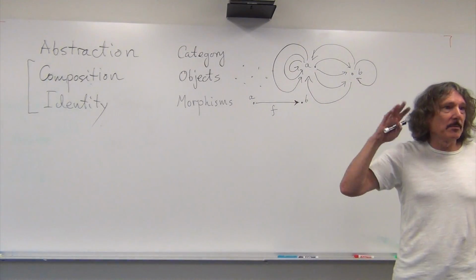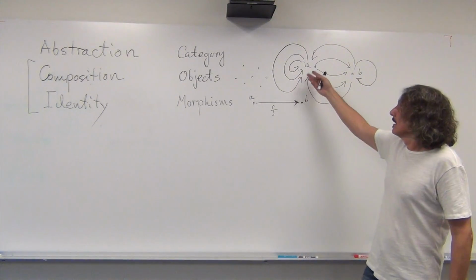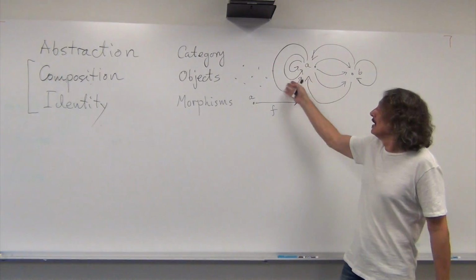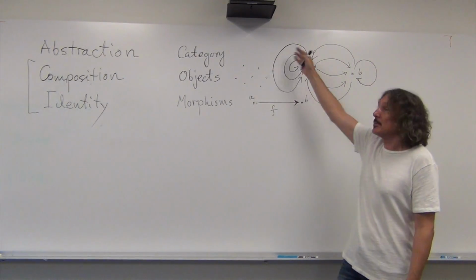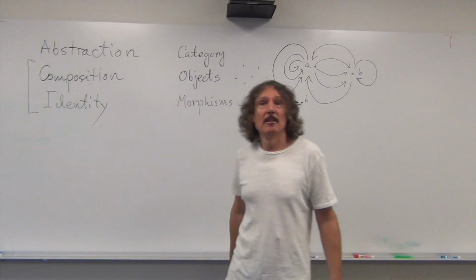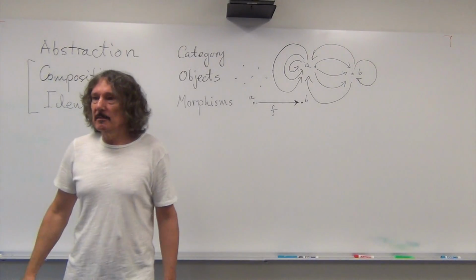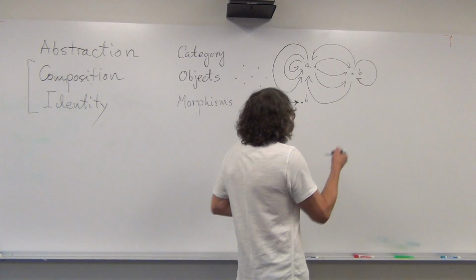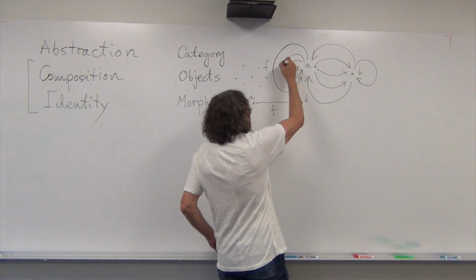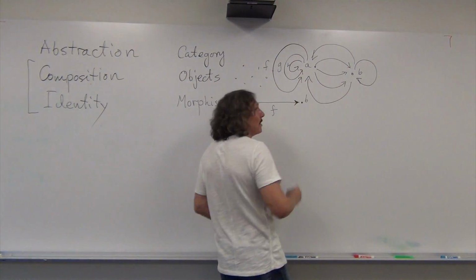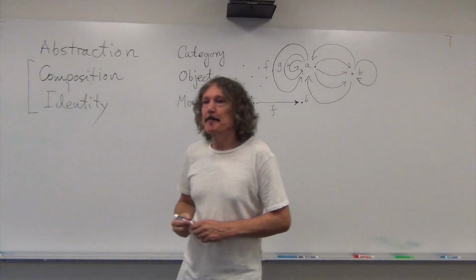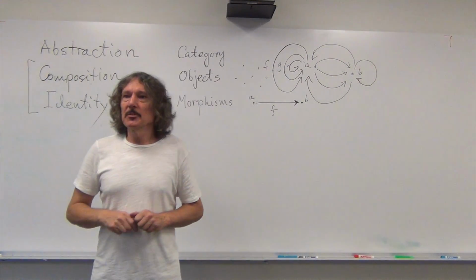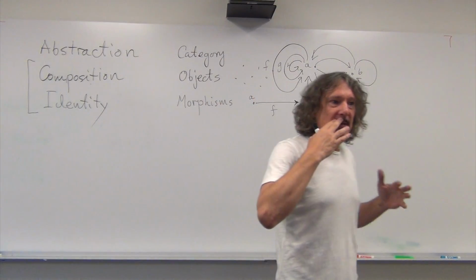Aren't they all the same? No, they are different. You can have infinitely many or an uncountable number of arrows going from A back to A, and it's okay. You just give them different names: this is F, this is G, this is H, right? So this is what a category is, okay?